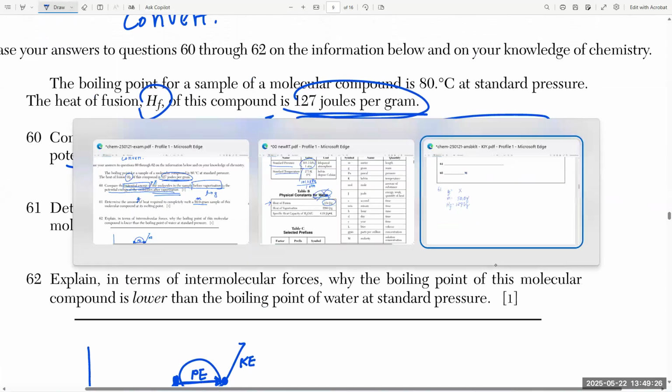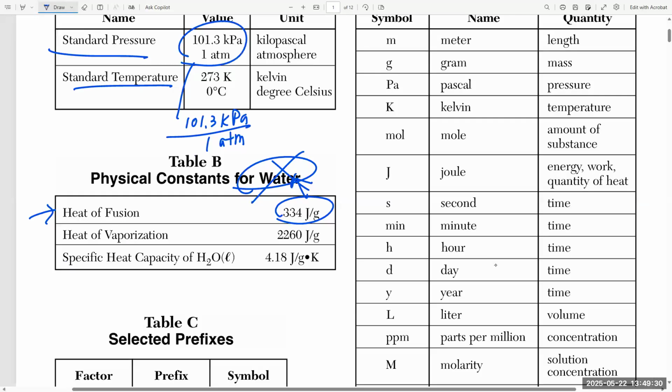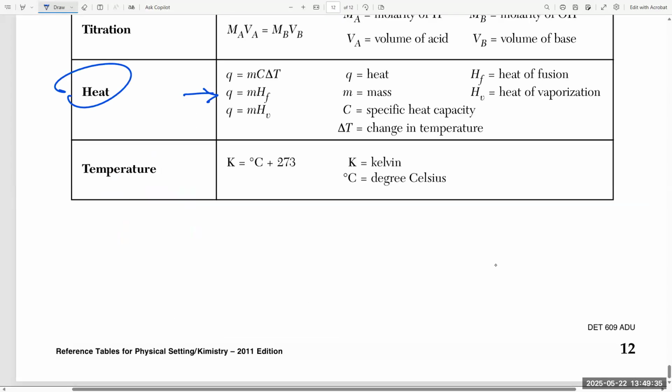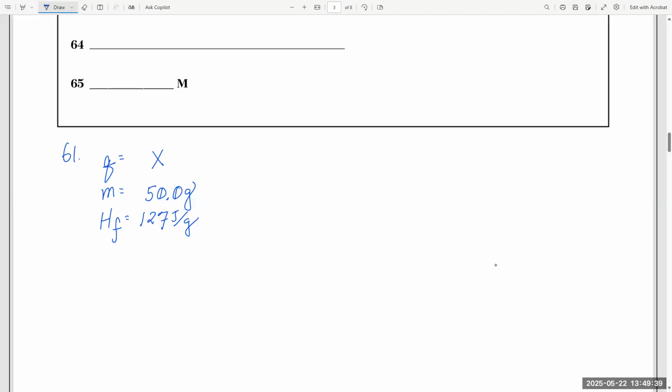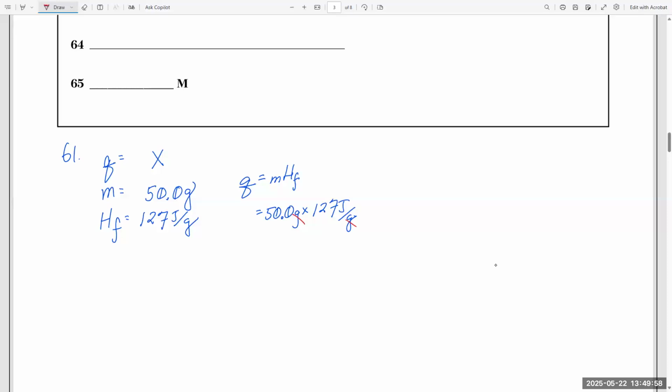So putting that into consideration, what happens? The equation for this, once again, is all the way down here: Q equals M times HF, where it's going to be 50.0 grams times 127 joules per gram. And look at that, grams cancels grams, giving us joules.